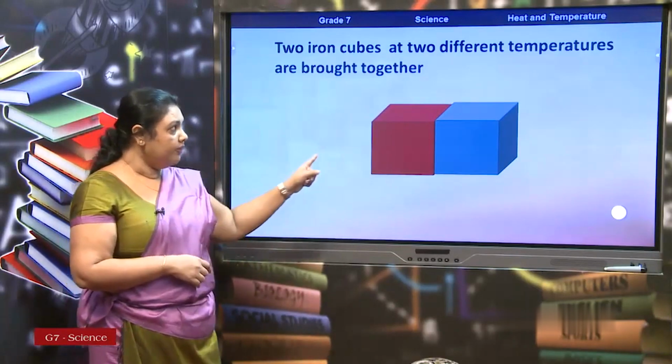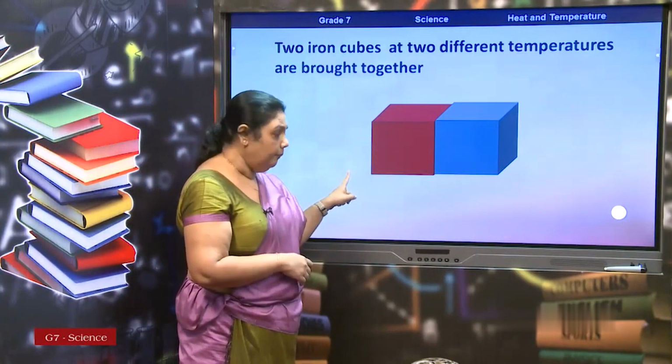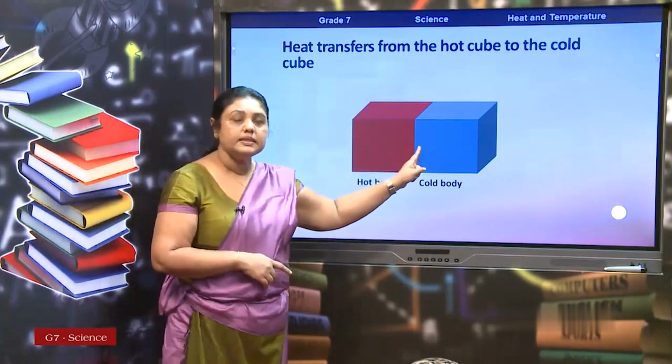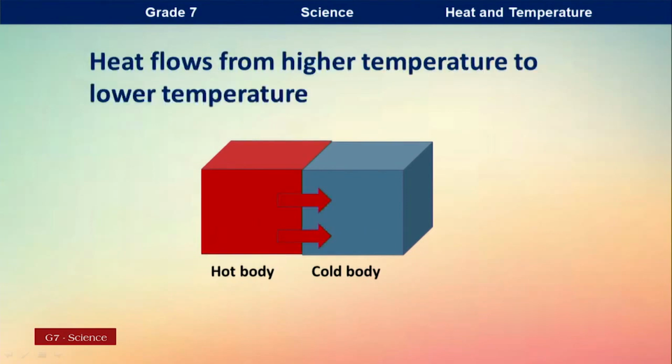There you saw that we brought them together. When they are brought together, we see the hot block transfers energy to the cold block. Can you see? The hot block always transfers energy to the cold block.